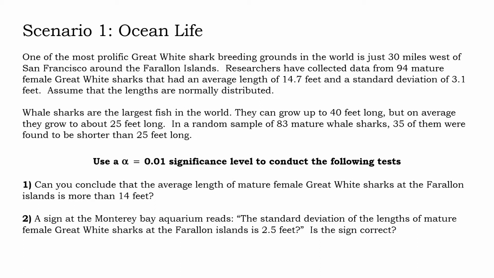We want to know if that's a true statement. Again, evaluating the truth of the statement is evaluating the truth of a hypothesis. And finally, the third question we're going to investigate here is, are less than 50% of all whale sharks shorter than 25 feet long?